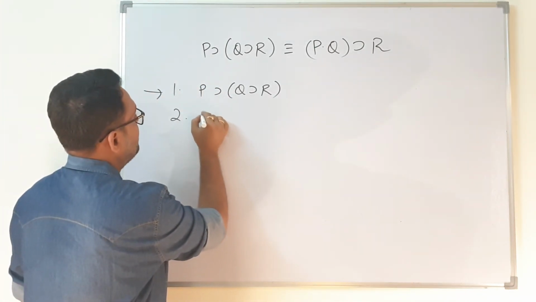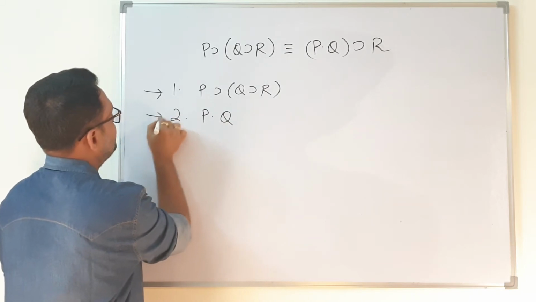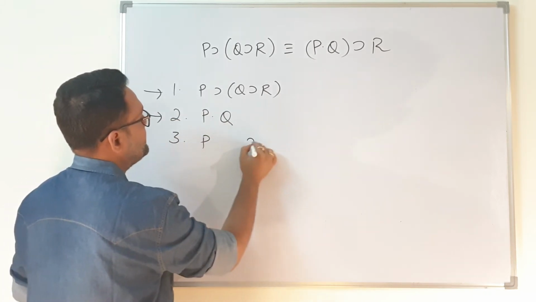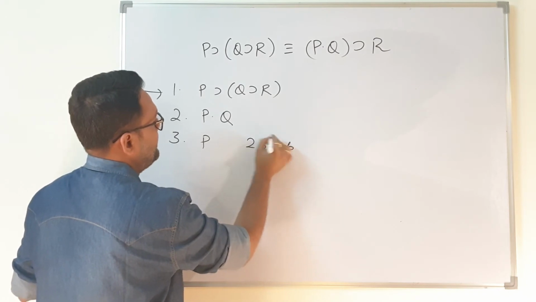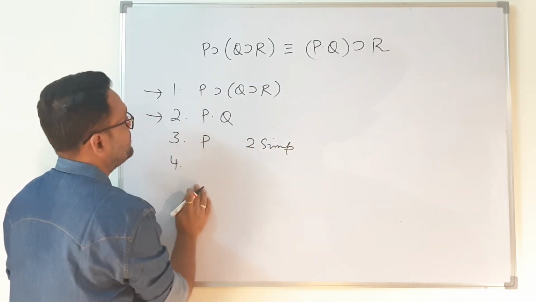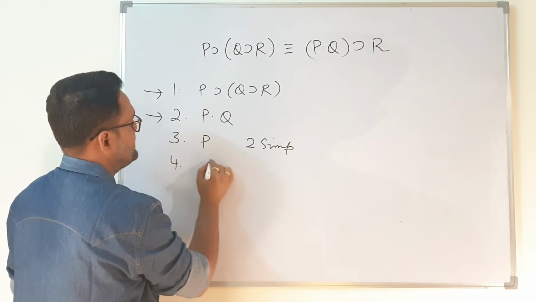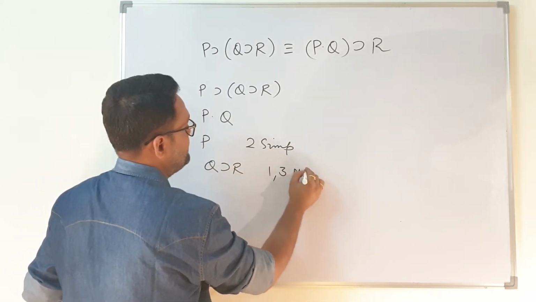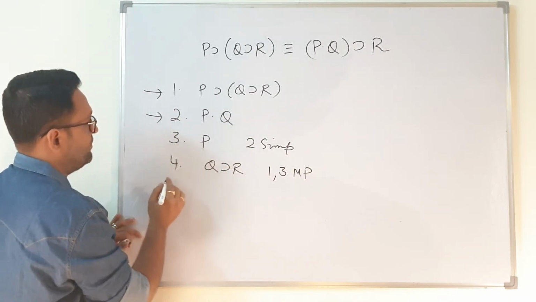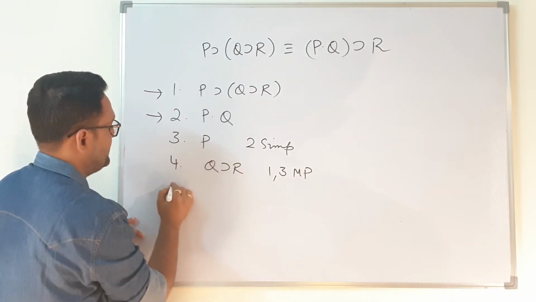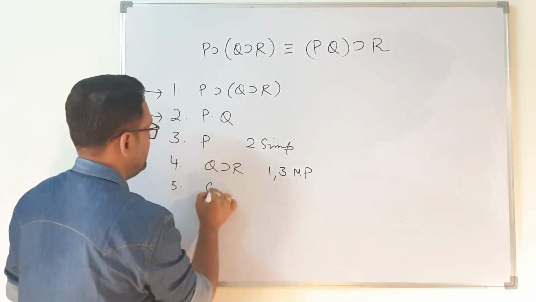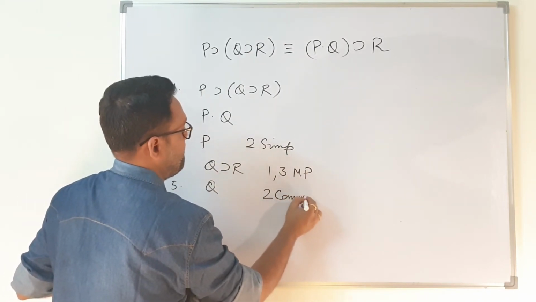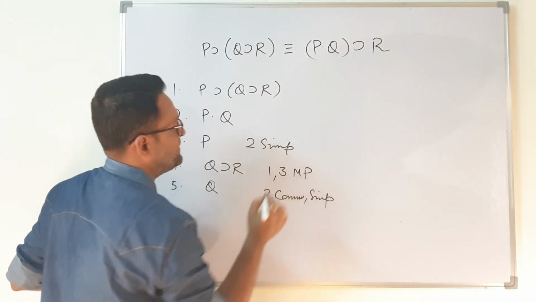Okay. So what I will do, I will take P dot Q, right? So from here I can simplify P, second simplification, right? On line 4, I will get Q implies R from 1 and 3 modus ponens. Now I can simplify Q from here as well. I will write 2 commutation and simplification, right?